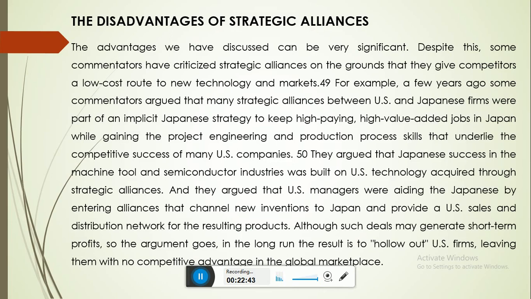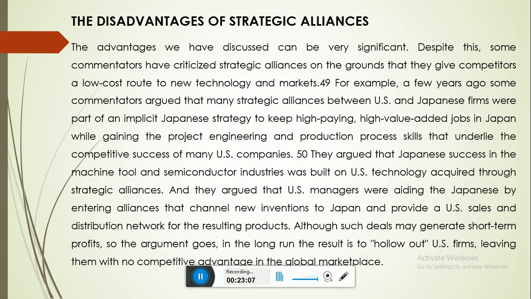For example, if a well-known company in the United States does a strategic alliance with a company in Bangladesh, the Bangladeshi company might use the American company to get experience, develop their skills, and learn new technology. Then they can be a very big competitor back to the company in the United States.